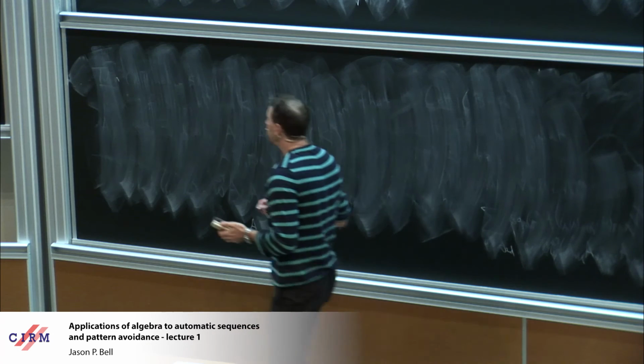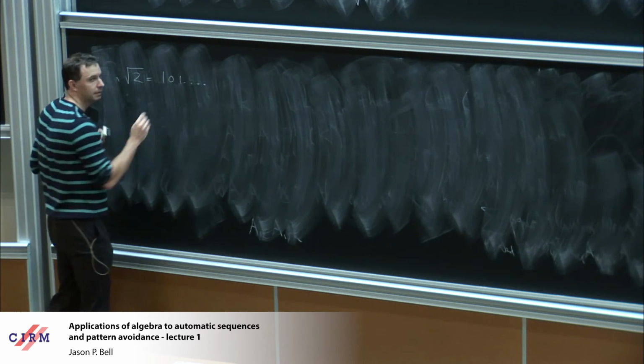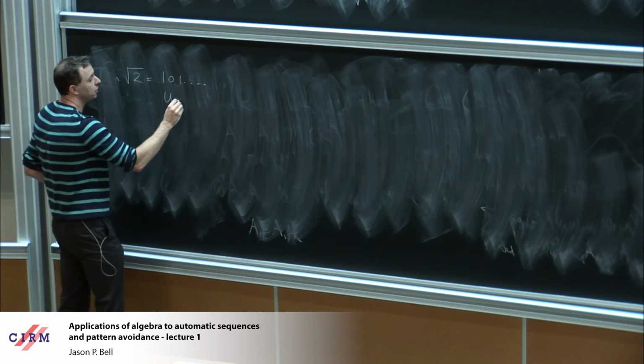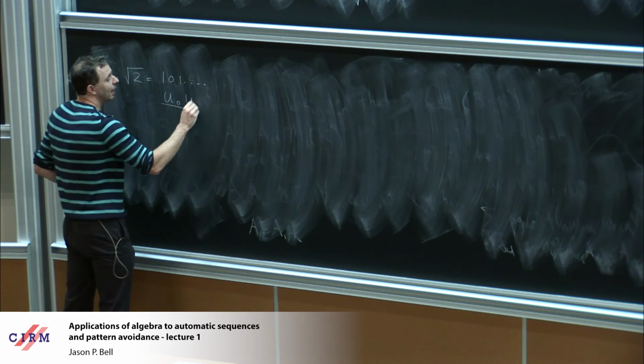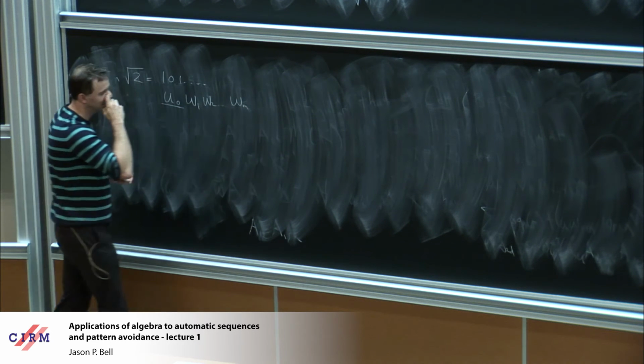And if I think about the expansion of root 2, because it's irrational, what I know is that it has some prefix u0, and then I can find w1, w2, up to wm.